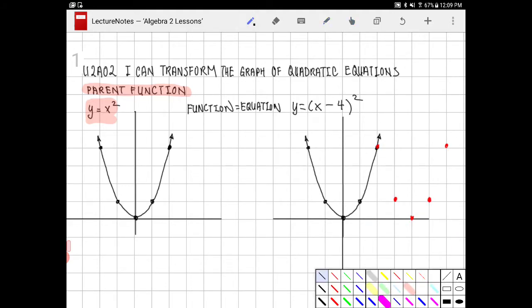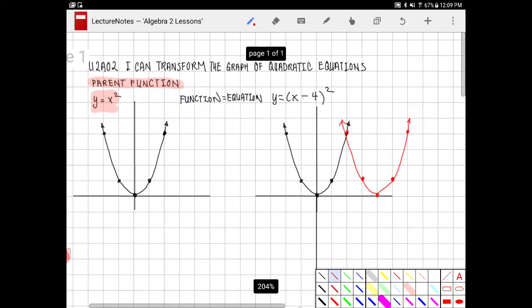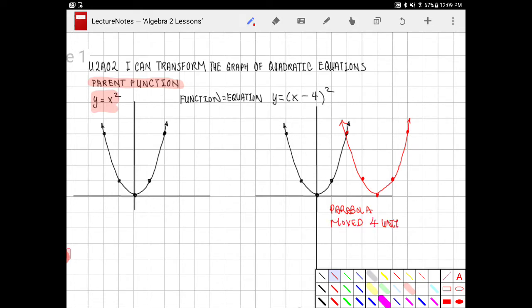So the parabola will end up looking like this. So you should say that the parabola moved four units to the right.